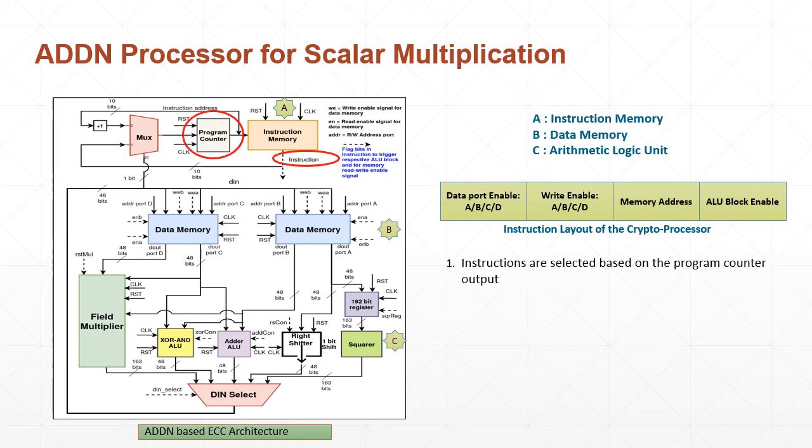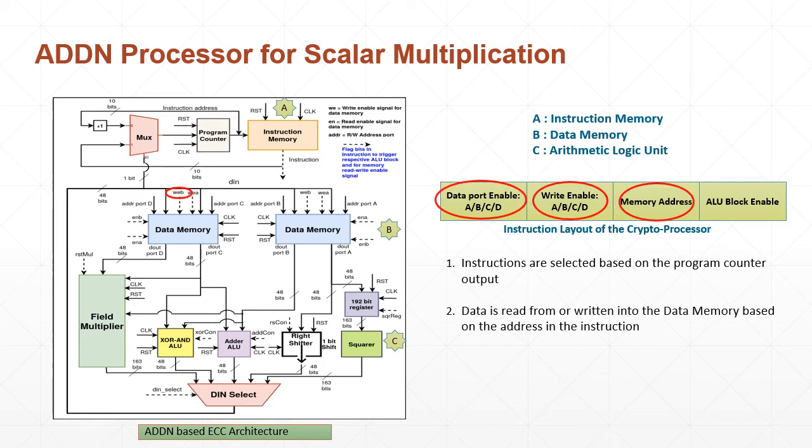Now, going into the operating steps of how the scalar multiplier processor works, the instructions are fetched from the instruction memory based on the output of the program counter. Based on the instruction, the data is read from or written into the data memory, depending on whichever flag is activated in the instruction and the memory address specified in the instruction.